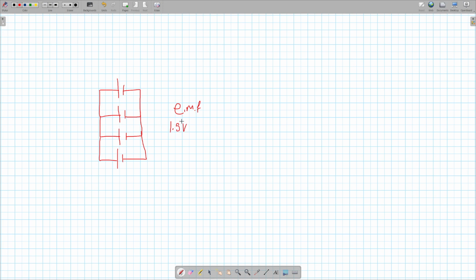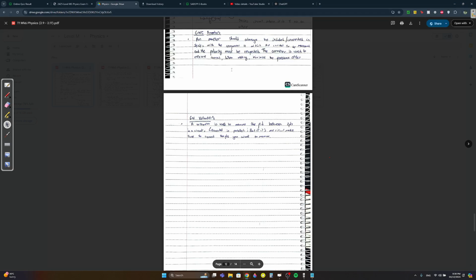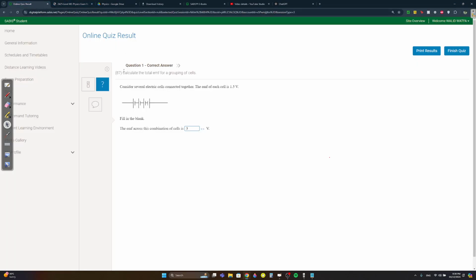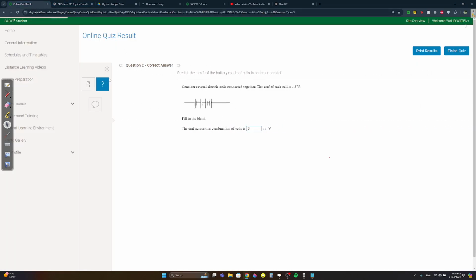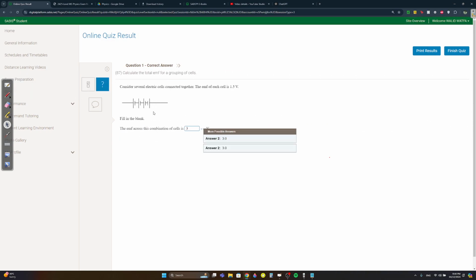The total potential difference will stay the same, but the capacity of it would increase. Okay, these are all discussed in the notes somewhere. But yeah, so that's why here it's, sorry, 3. I explained it earlier because 1.5, 1.5, that's 3. Then this 1.5 cancels this 1.5, so you have 3 in total.